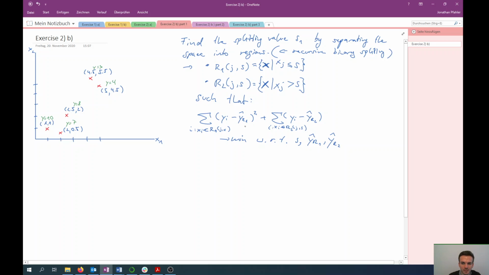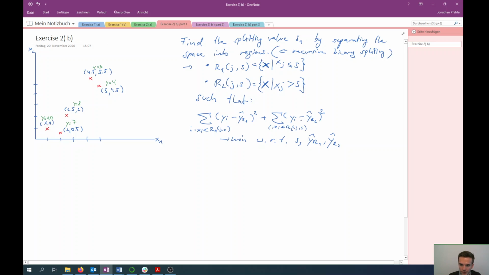And so this loss function, the first part is the sum of the squared differences between our y values and our estimated value for a point that lies inside region 1, and on the right side it's the same for region 2.